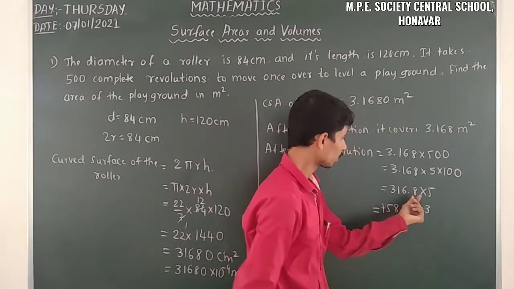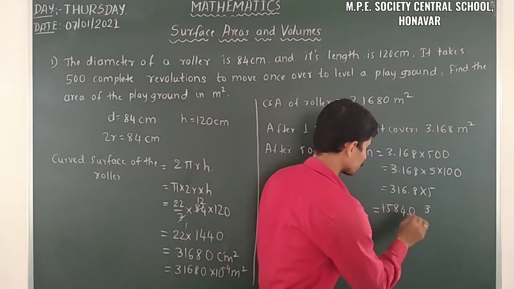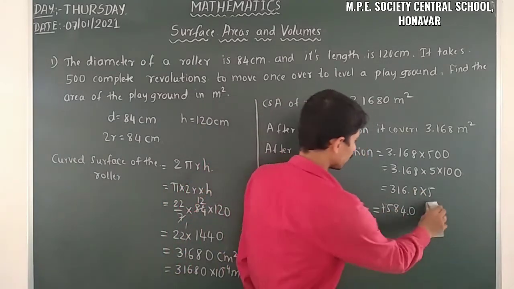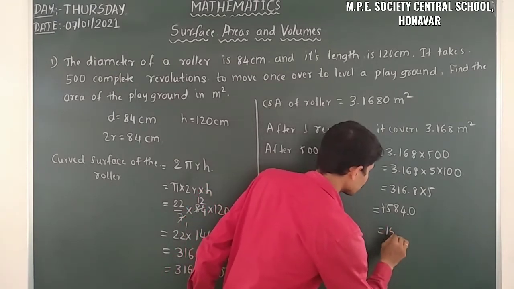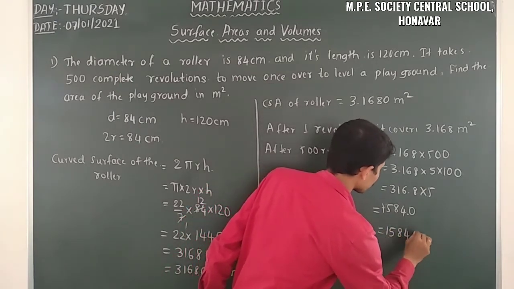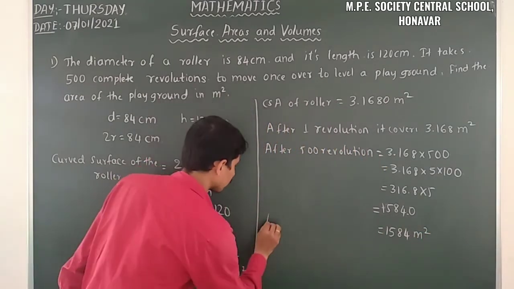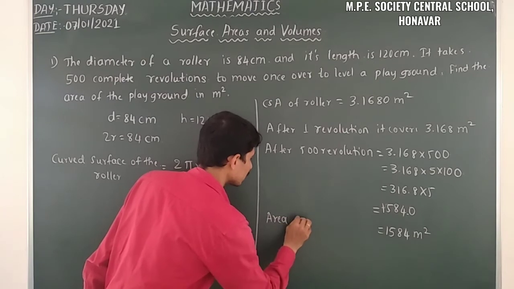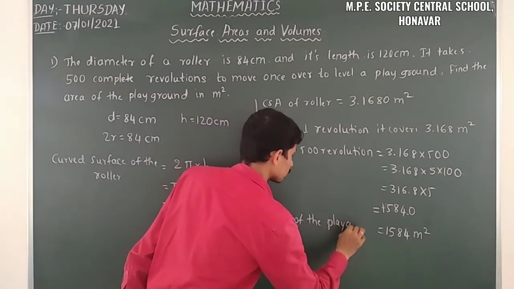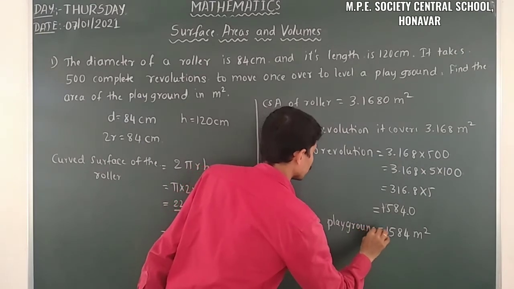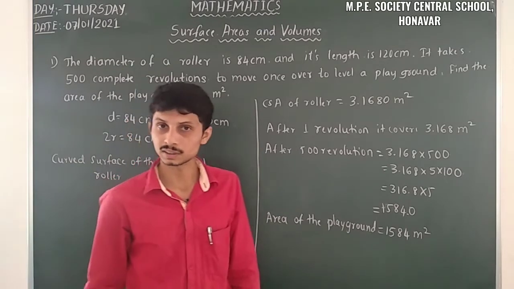Here one decimal place is there after the decimal point, so we have to put it like this, and the answer is 1584 meters square. The area of the playground is 1584 meter square.